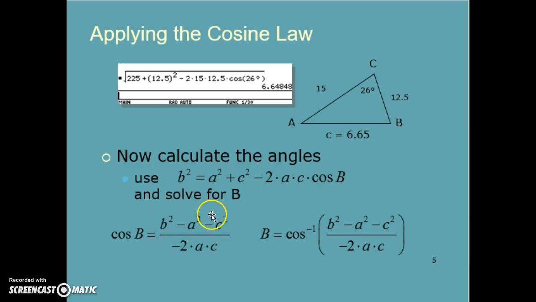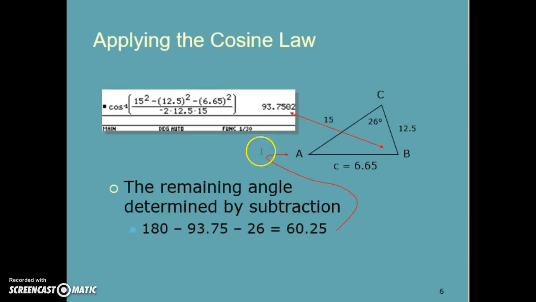Again, we know all of these values now. They gave us A, they gave us B, and we just found C. So all we've got to do is substitute in those values and use the cosine inverse to find the angle measure, which you can see this has been plugged in to find the angle measure for angle B.